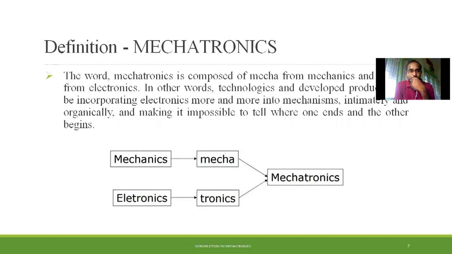The basic definition of mechatronics itself specifies that it's a combination of mecha from mechanics and tronics from electronics.